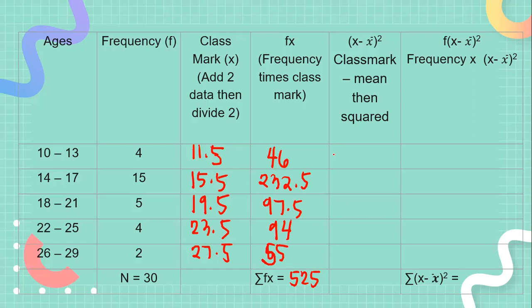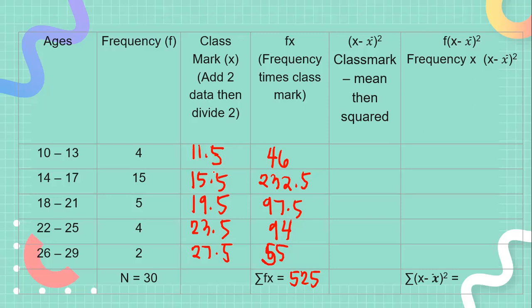Then for quantity x minus mean squared, we take the class mark, class mark minus mean, then squared. So the class mark, this one, 11.5 minus the mean. What was our mean, class? Okay, very good. Our mean is 17.5, right? Let's compute if it's correct.